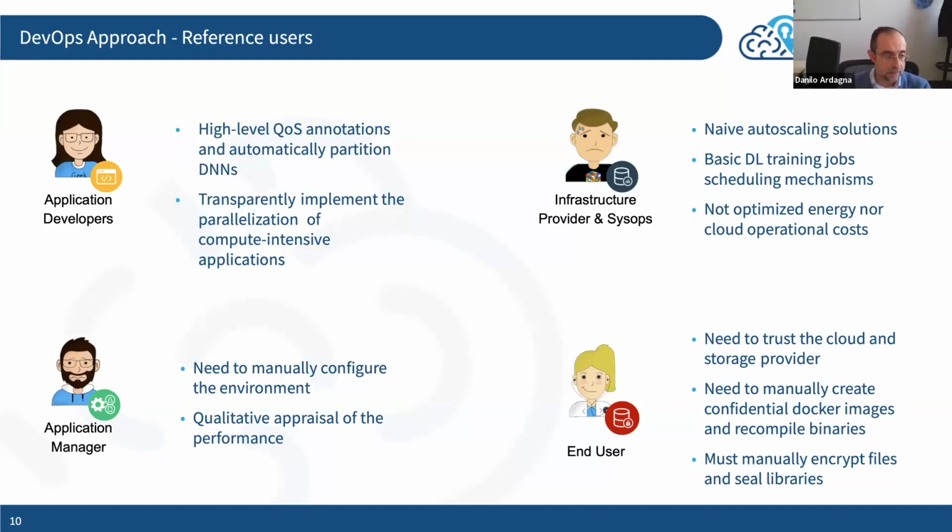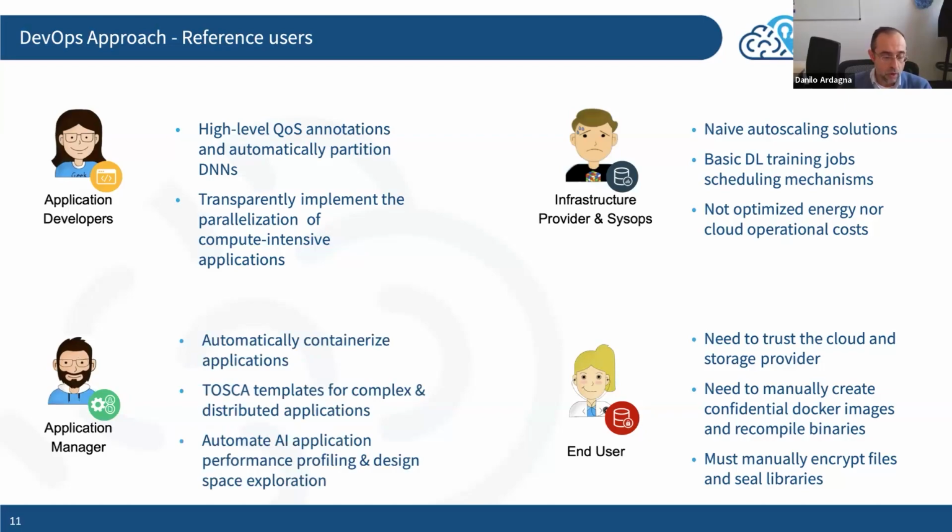If we look at the activities of the application manager, they usually have headaches because they have to manually configure the environment component per component, layer by layer of the edge continuum. And moreover, since this is a very time-consuming part, they don't usually optimize the performance. They have just a qualitative evaluation of the performance. What we did is to develop a solution that automatically containerizes the application.